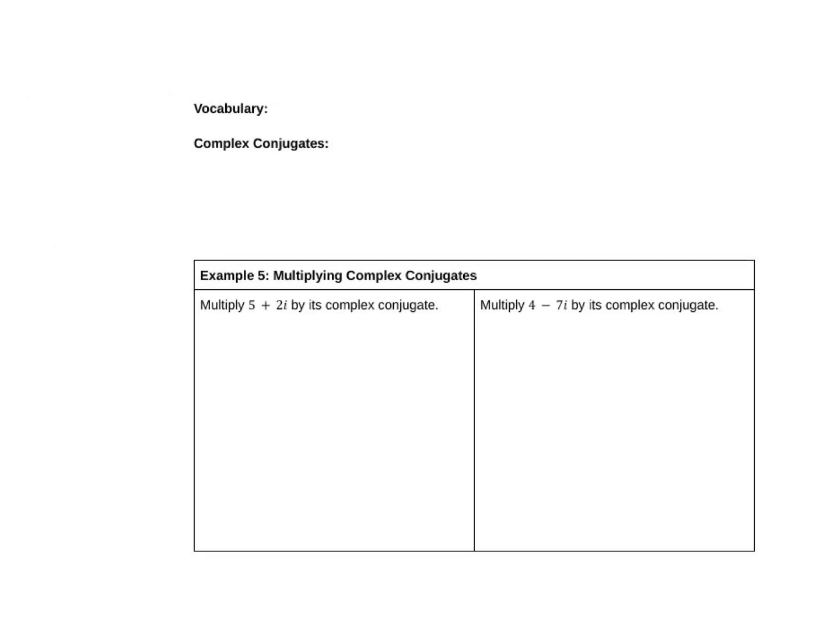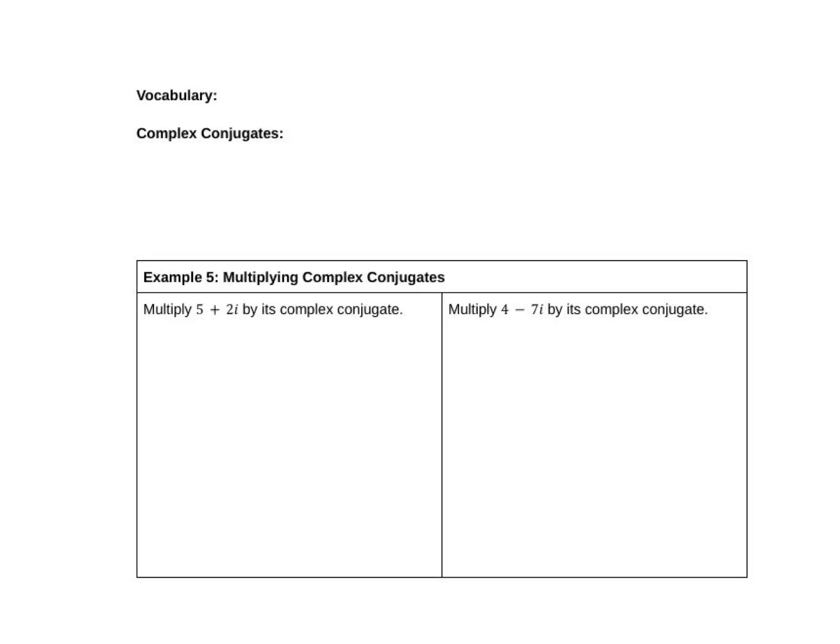All right, last part, complex conjugates. Conjugates are opposites of each other, okay? So if we have some kind of imaginary number, to make the conjugate, all we do is change that plus to a minus.